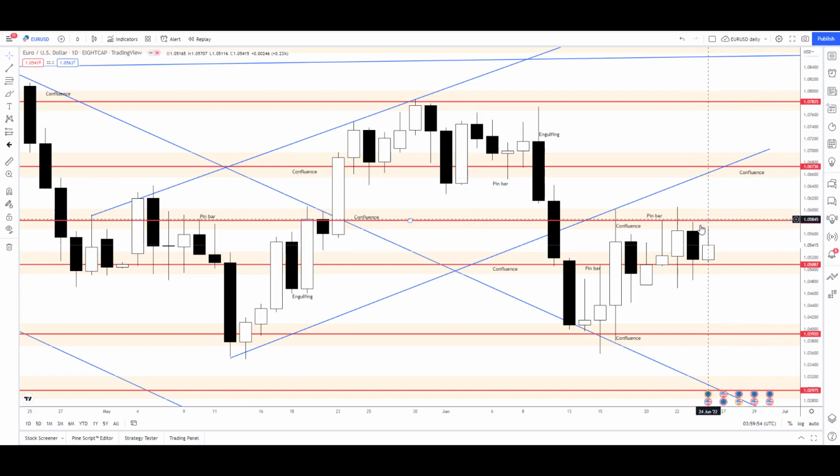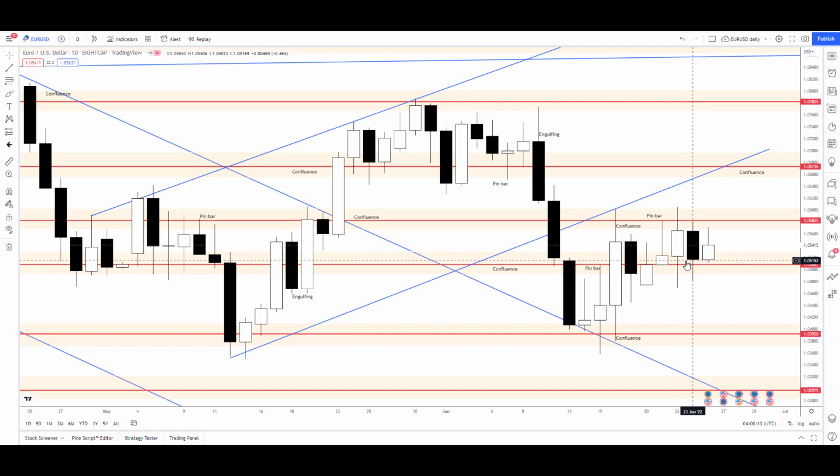But the price could not close above this 1.05825 resistance level on the next day. Instead it moved back down inside the range area and then tried to reach lower levels, but not lower than this starting candle on Monday.